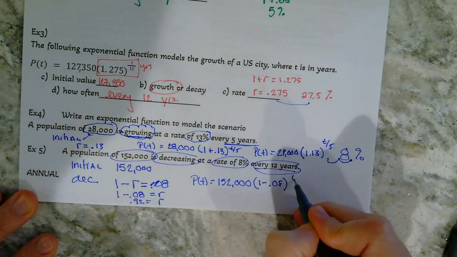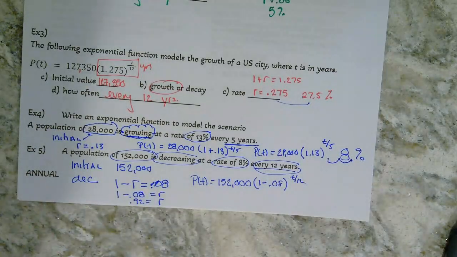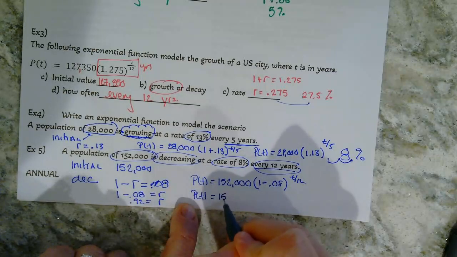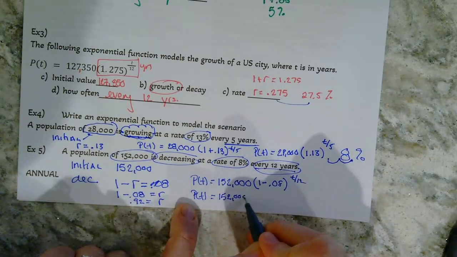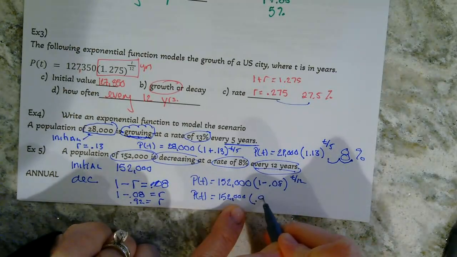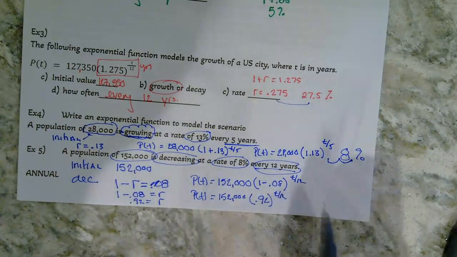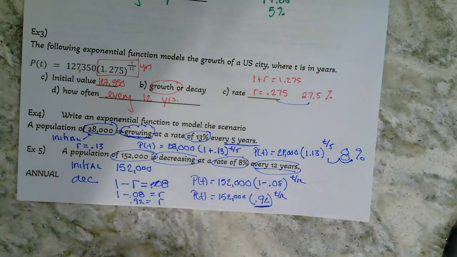And it's happening every 12 years, so that's T over 12. Okay, and then I'm going to clean up inside there to say that's 152,000 times 1 minus 0.08, which would be 0.92, to the T over 12. So think about this. If it says decreasing, you better make sure that b value is less than 1. Less than 1, which should make sense.